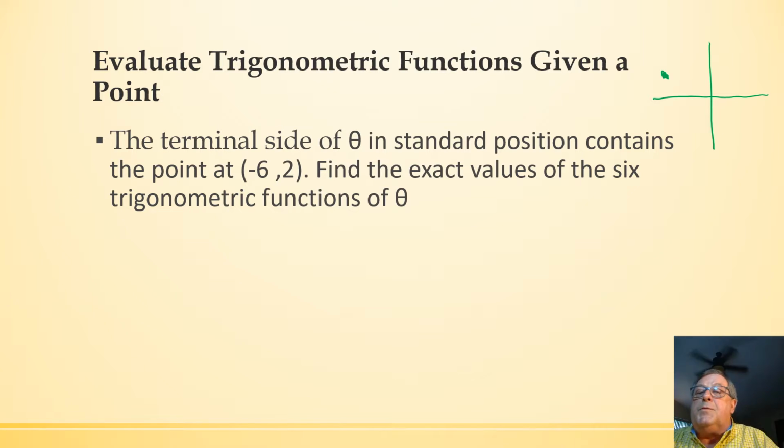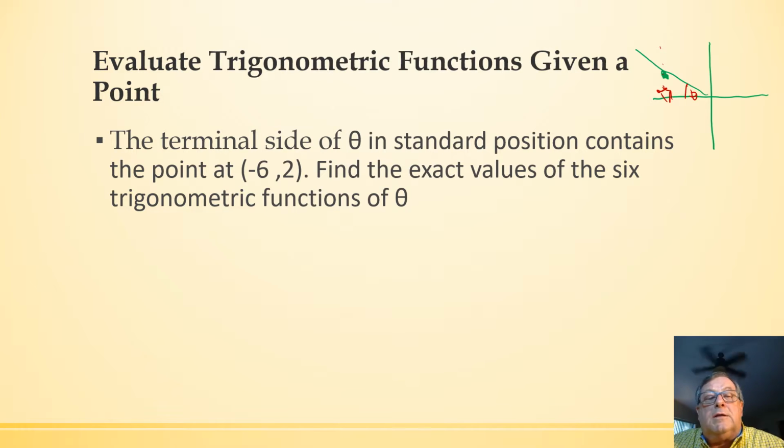And so we've got a terminal side right here. And if we come down here with a dotted line, we form a right angle. This is a right angle right here. And we're talking about theta coming here, and this coterminal side right here. So we're going to say this is theta.